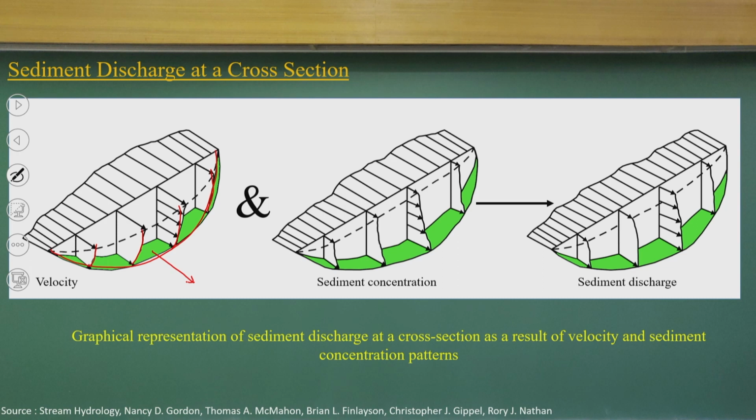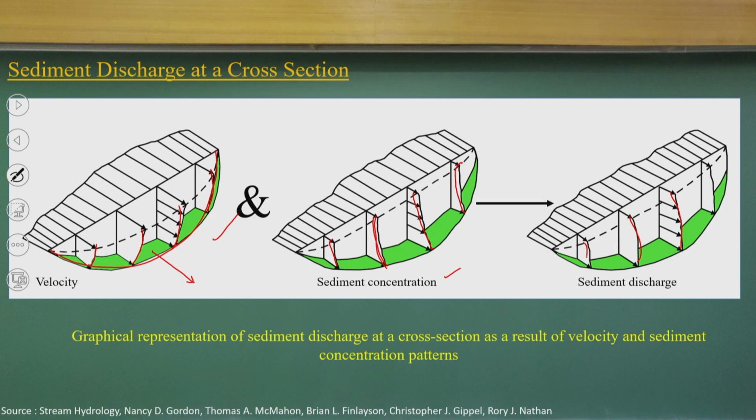The sediment concentration follows an exponential decay, so the values will be high near the bed and will decay as you go up. The sediment discharge, which is the sediment mass per unit time, is the multiplication of the discharge and the sediment concentration, and it will follow these diagrams.